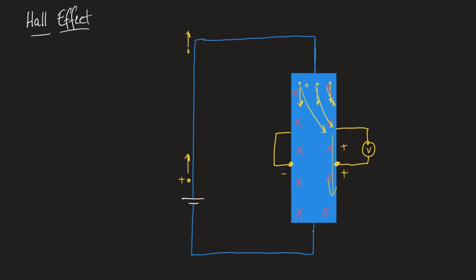Let's consider what would happen if it were negative charge carriers moving through the wire. Same magnetic field. So the magnetic field is still going into the board. But remember, if it's negative charges, then the negative charges are entering at the bottom because they travel in the opposite direction.